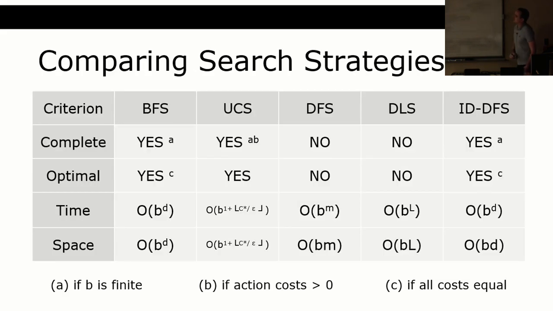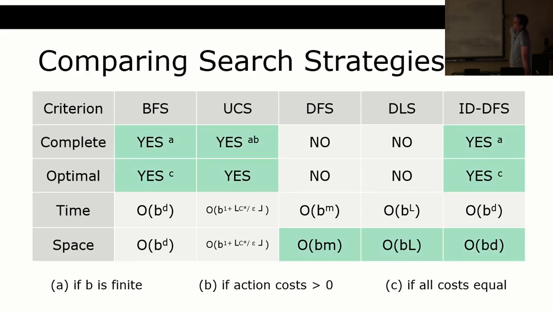So if we compare all these search strategies, we have this nice table of results, and I'm going to highlight the good ones here. BFS is complete, and it is optimal if all action costs are equal. Uniform cost search is complete, yes, if b is finite and if action costs are greater than 0.